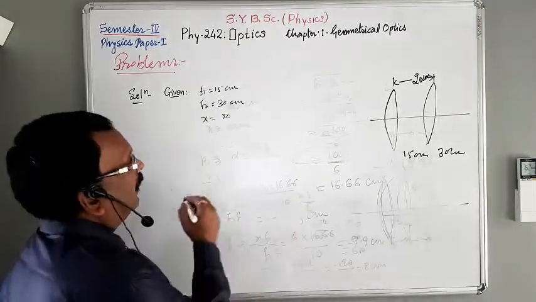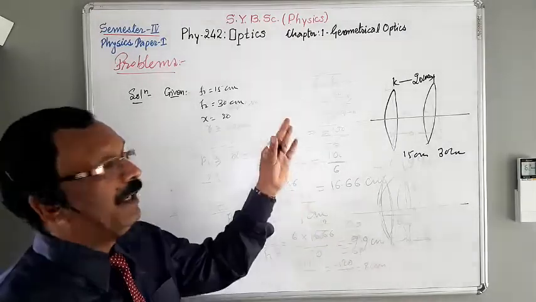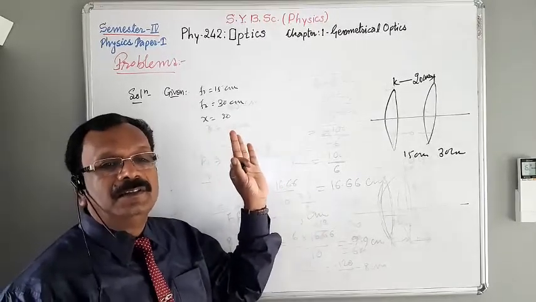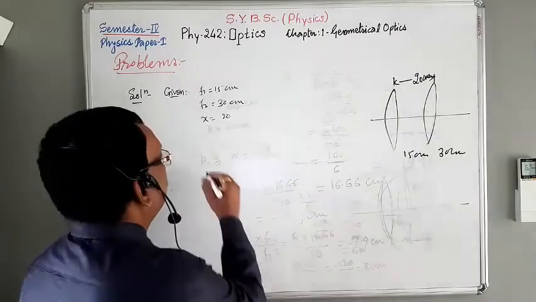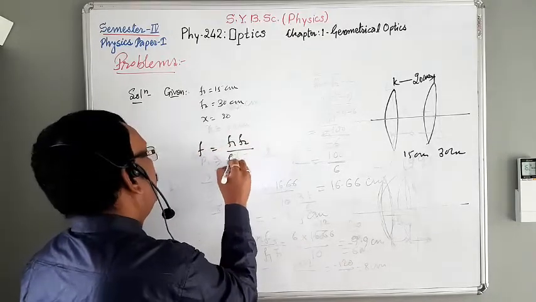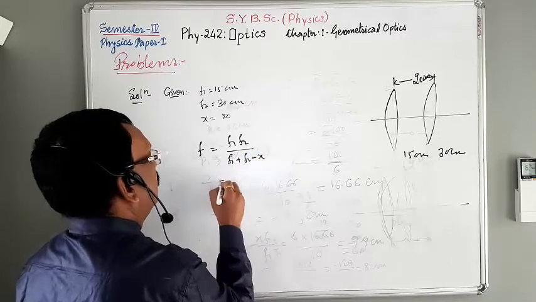A very simple problem. Now we have to find the equivalent focal length of the given combination of lenses. This is nothing but f is equal to f1 f2 upon f1 plus f2 minus x.